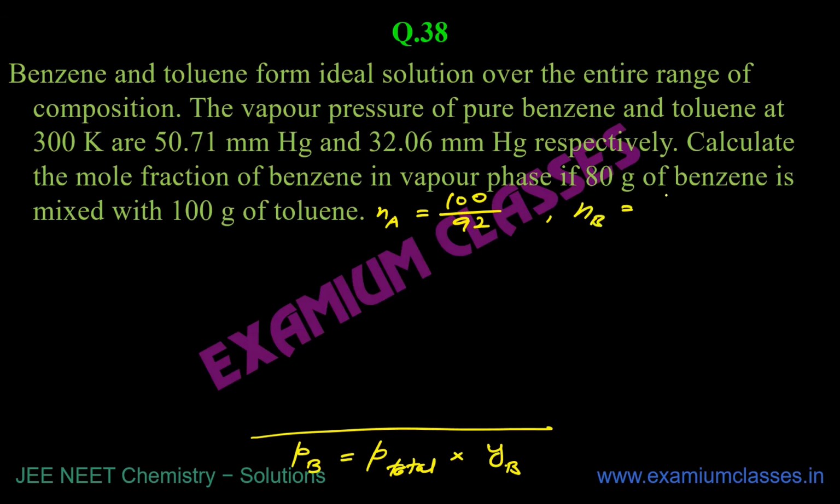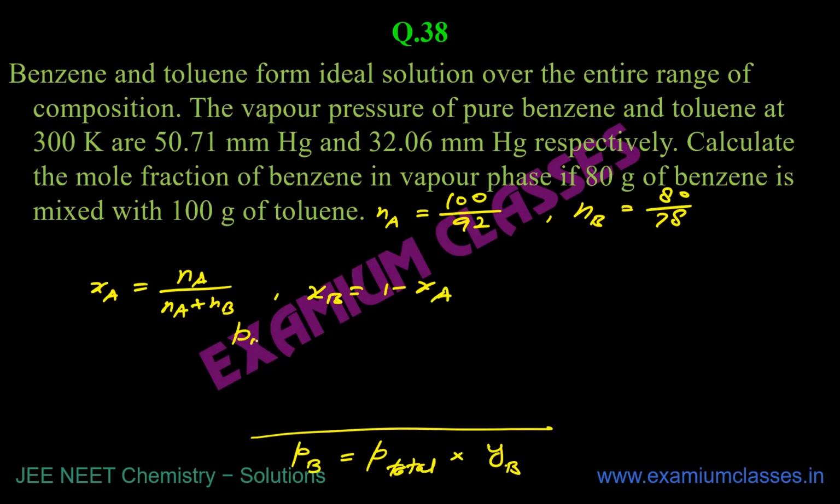And for benzene, given mass divided by molar mass. From here, you will calculate XA and XB. XA will be NA divided by NA plus NB. XB will be 1 minus XA. You got XA and XB.